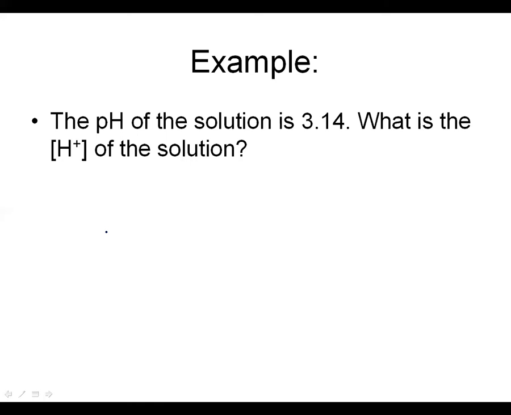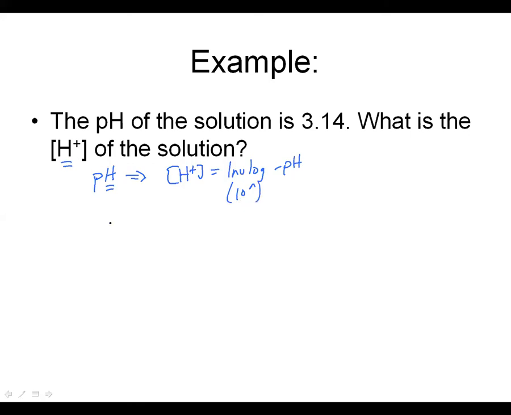Okay, so again, in this case, we have the pH given to us, and we're looking to find the H plus concentration. To get to the H plus concentration, this is the one where we do the inverse log of the minus pH. That's a 10 and a caret on most people's calculators when you hit that in.